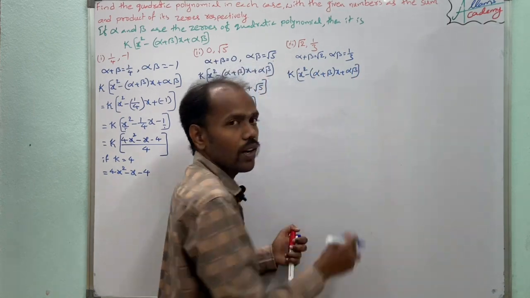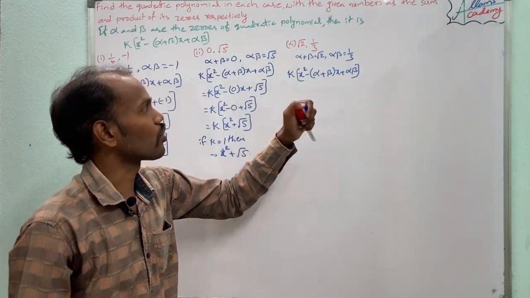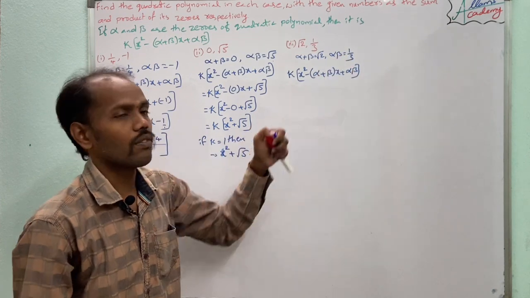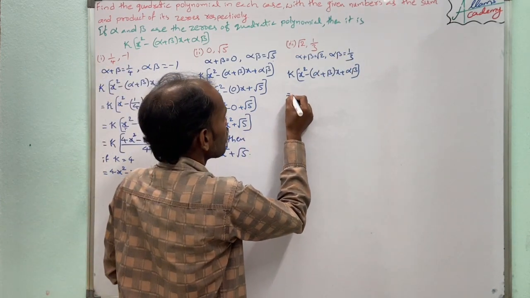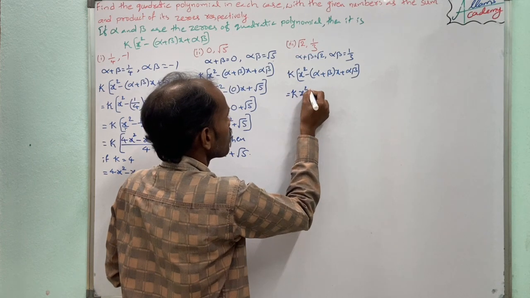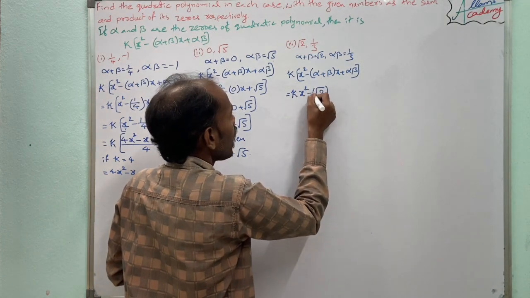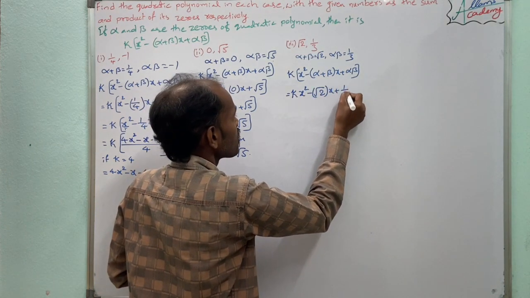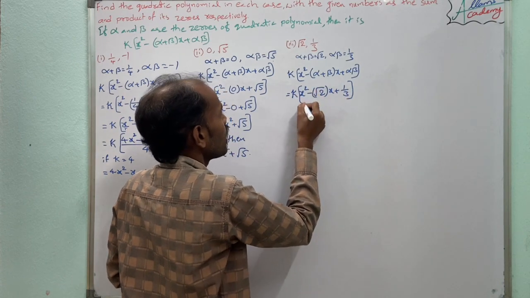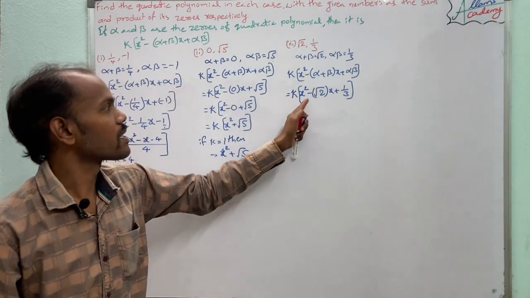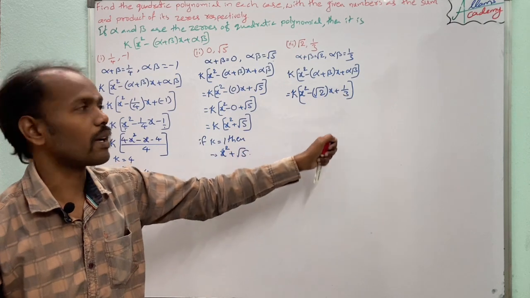So here alpha plus beta is nothing but root 2, alpha beta equal to 1 by 3. So k into x square minus of root 2 into x plus 1 by 3.